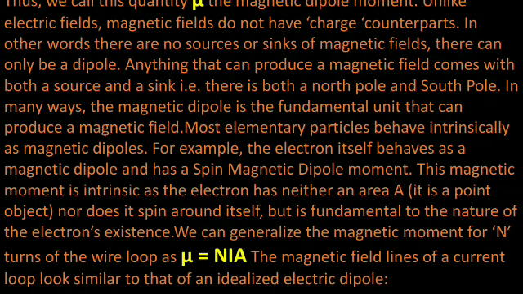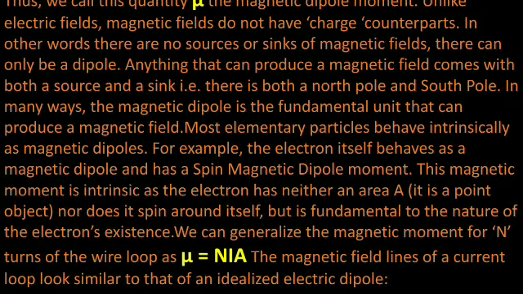There can only be a dipole. Anything that can produce a magnetic field comes with both a source and a sink. That is, there is both a north pole and a south pole. In many ways, the magnetic dipole is the fundamental unit that can produce a magnetic field.